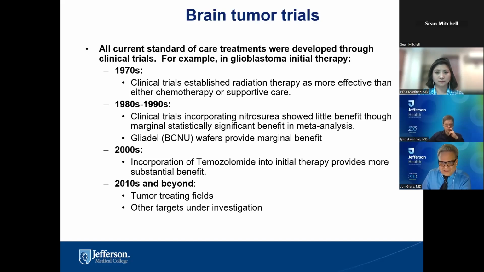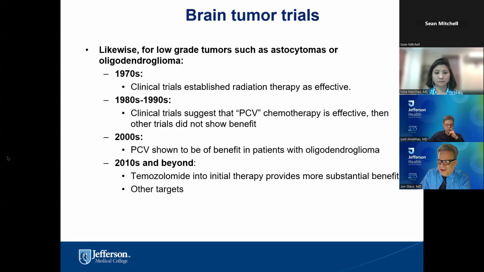Getting into the 2000s, we learned that temozolomide was of significant benefit. And in the 2010s and beyond, tumor treating fields were found to be of benefit. And these all come from well-performed, more or less rigorous clinical trials. And likewise for low-grade tumors, oligodendrogliomas and astrocytomas, we've learned a lot from clinical trials.